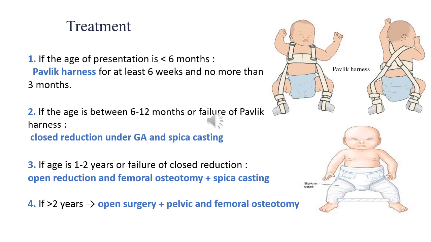However, very often we get cases older than 6 months of age, or some cases who do not respond to the Pavlik harness treatment. In this case, the next step is to do what we call closed reduction. This is done under general anesthesia, where the patient is put to sleep and the hip is screened under X-ray, and the dye is injected inside the hip joint.